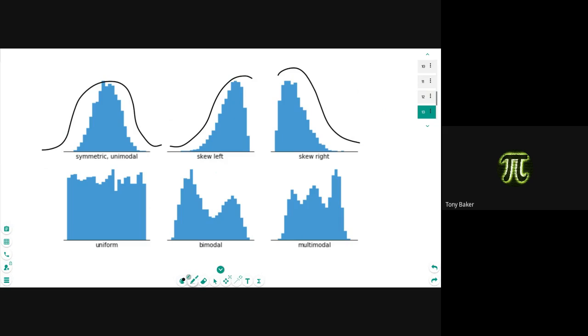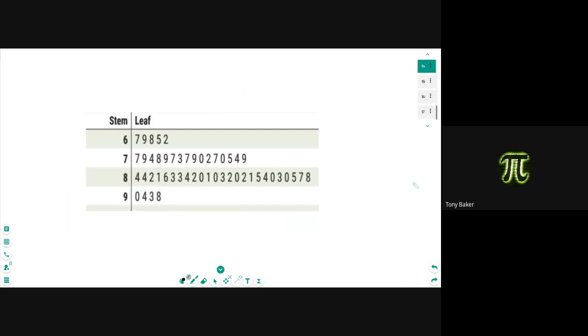All right. We have one more type of graph. Has anybody ever seen a stem and leaf plot? A long time ago. All right. So a stem and leaf. If we're looking at this, okay, this is known as a stem and leaf plot.